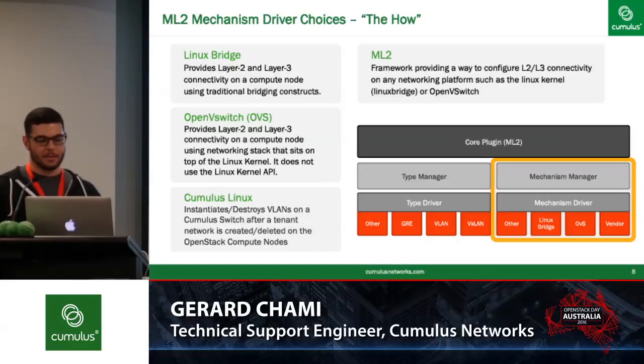And then you've got the other mechanism drivers that allow you to hook into the network. This is where it started to get complicated. You want mechanism drivers to say, when I do something, I want you to go out and talk to my network hardware, and I want you to reflect those changes. And that's when every vendor came up with a custom way of doing things. So those are your choices within there.